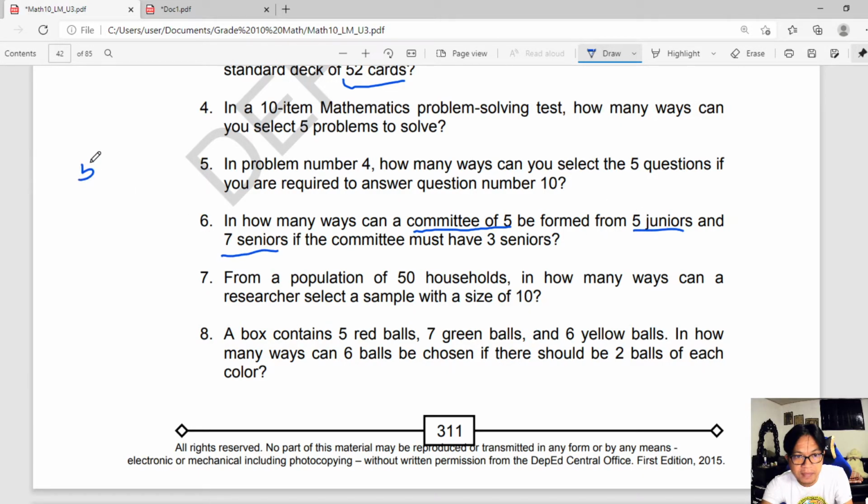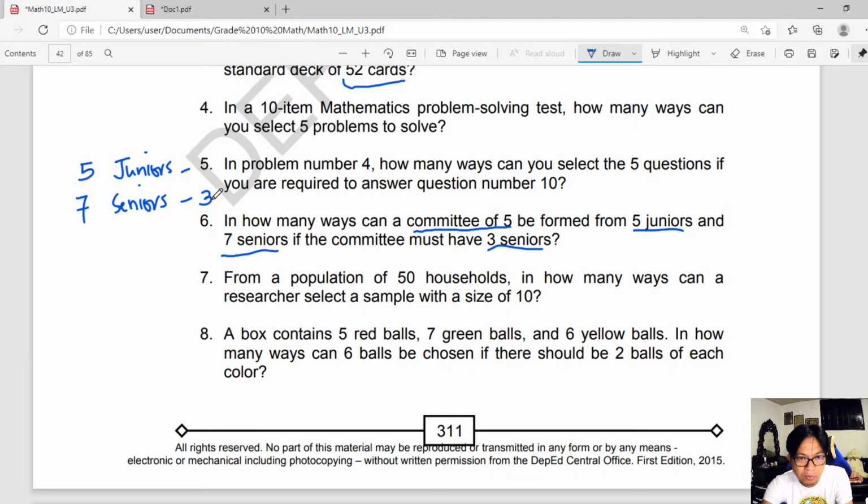So, meron tayong 5 juniors and meron tayong 7 seniors. Then, tinatanong tayo kung ilan yung mabubuo na committee of 5, ilan yung ways that we can have a committee of 5. Tapos may condition dito that it must have 3 seniors. So dapat 3 yung dito.